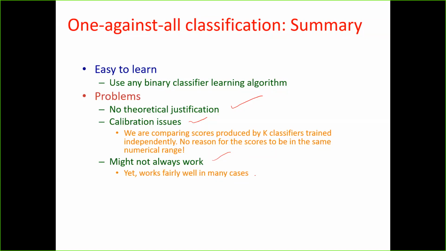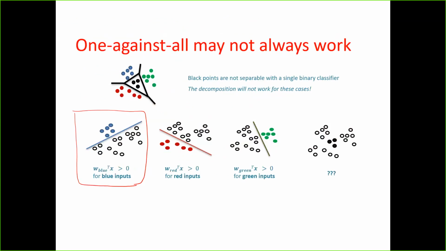See, madam, you are independently giving to the three different classifiers, right? When you are learning W for this problem, it is independent of learning W from this problem. So when you are learning them independently, can you say that this W and this W will be in the same numerical range?